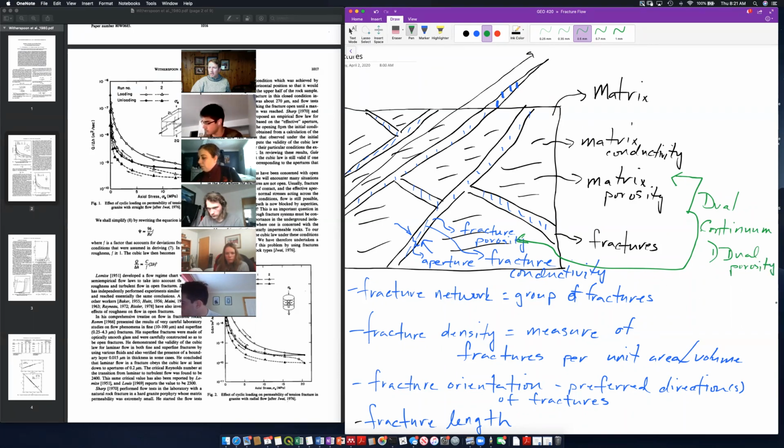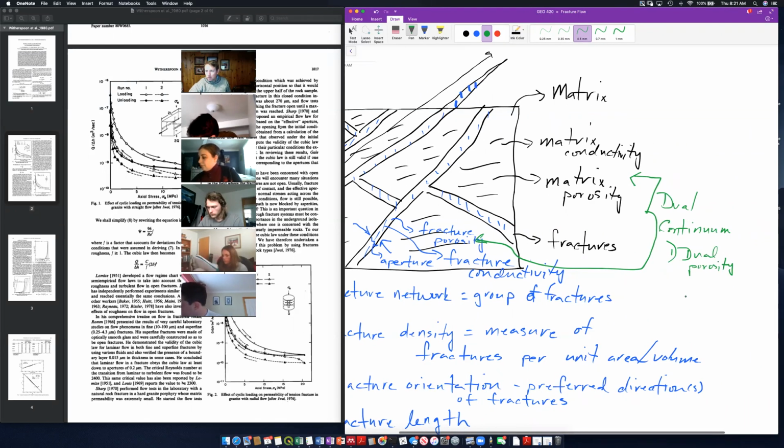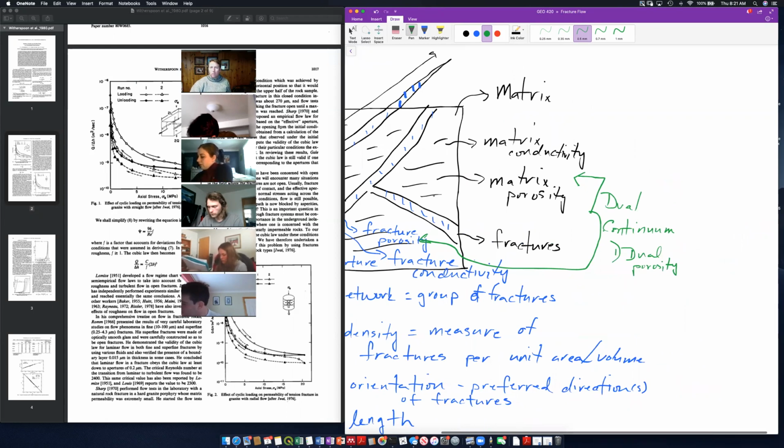In a dual porosity system, we assume matrix has no permeability.